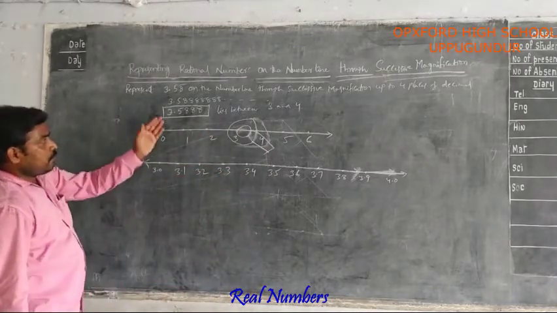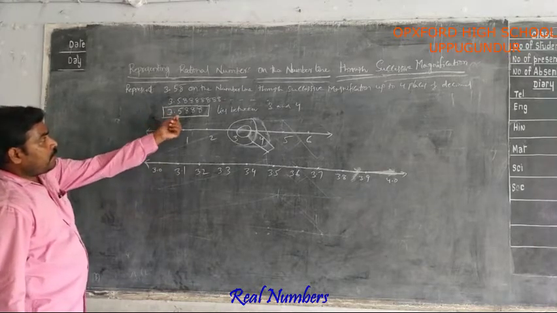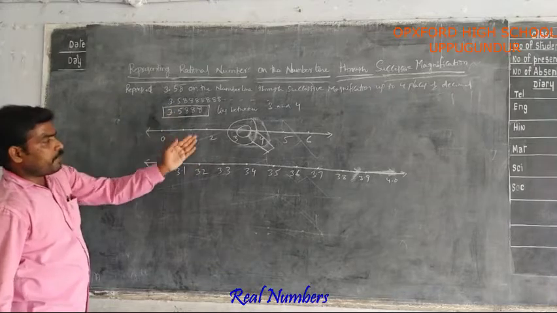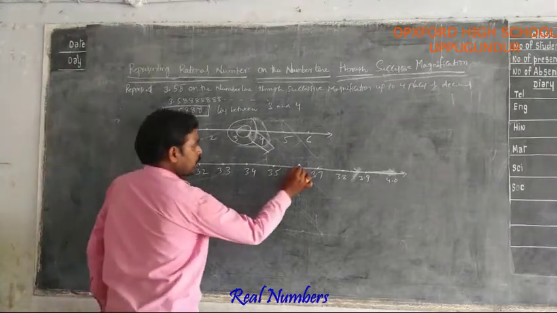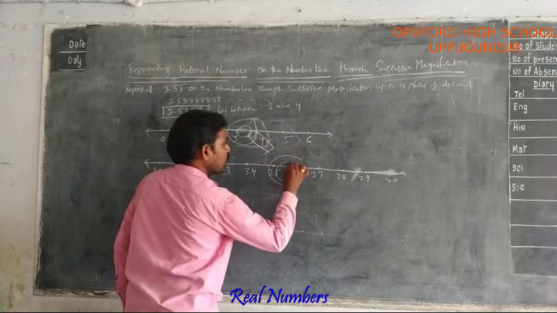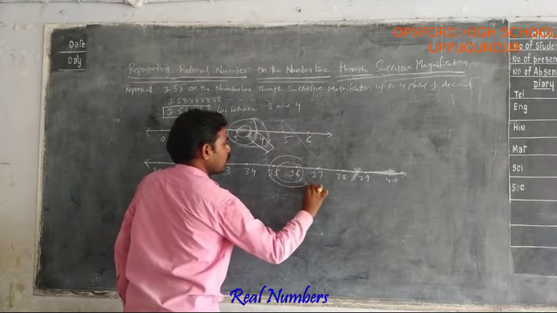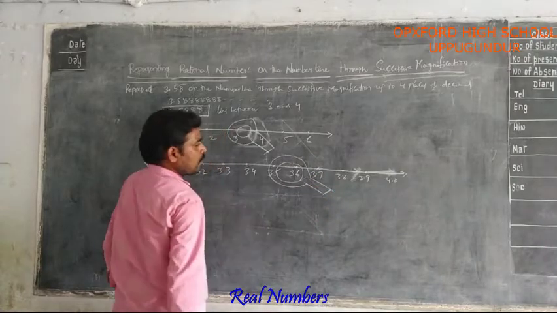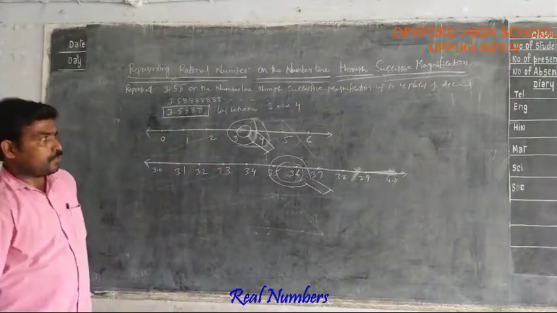Now when you observe, this number lies here. After the decimal point the digit is 5. So this number lies between 3.5 and 3.6, between these two.